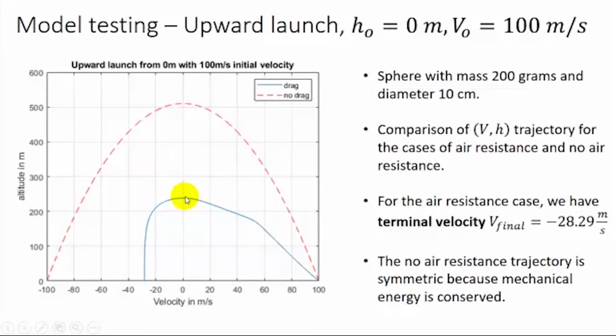This is about 230 meters, and also the trajectory is non-symmetric, again showing the terminal velocity effect when the ball reverses direction after reaching the maximum altitude and travels towards the ground, reaching the ground with a much smaller velocity, again the terminal velocity approaching minus 28.3 meters per second.